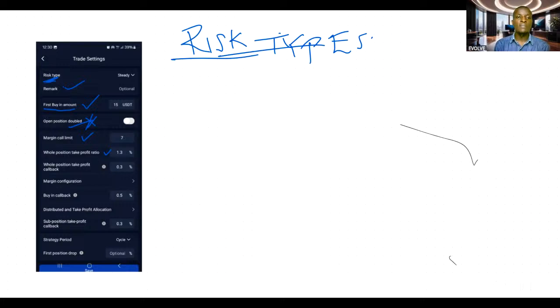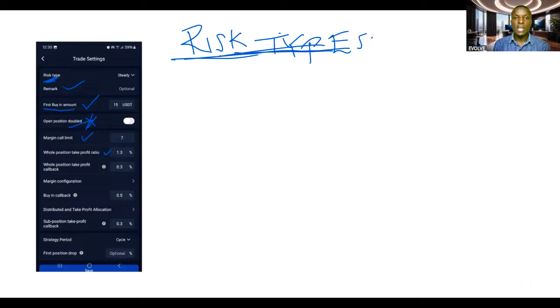So today, we are going to center our discussion on these risk types. That's what we are going to center our discussion on. We have three risk types.